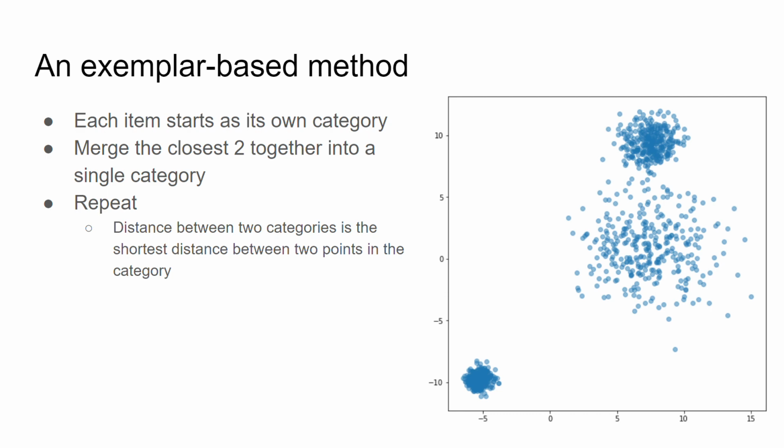The simplest is, look, the distance between 2 categories is just the closest distance between any 2 points within those categories. If I have a point here and a point here, and then a point here and a point here for the other category, then the closest distance is the distance between the point in this category and the point in the other category that are the closest.